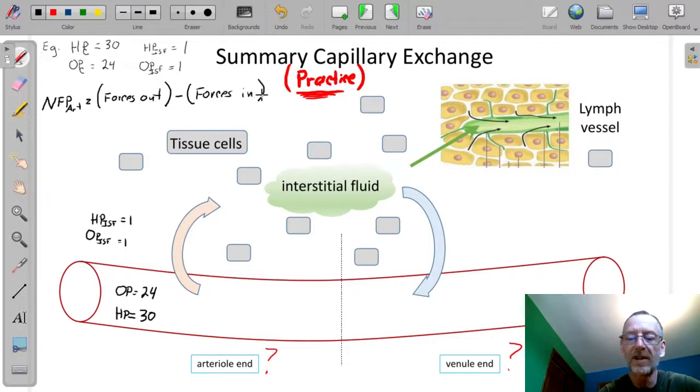So we just put the numbers in. And out is the 30 and the osmotic draw in the interstitial fluid.